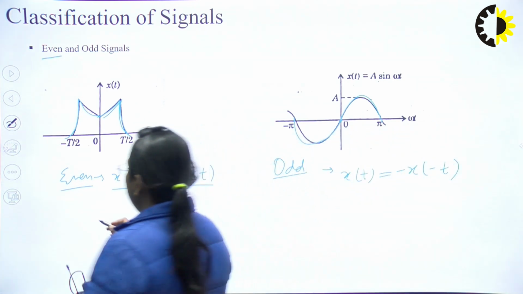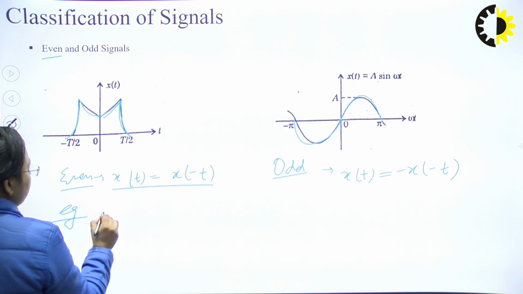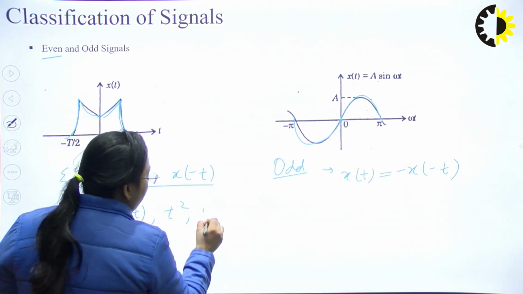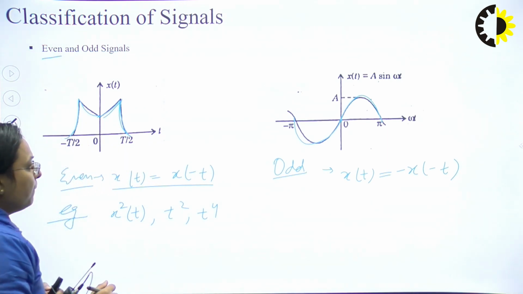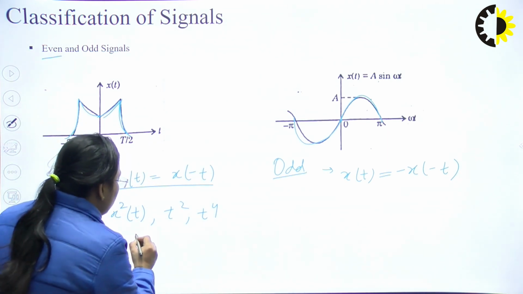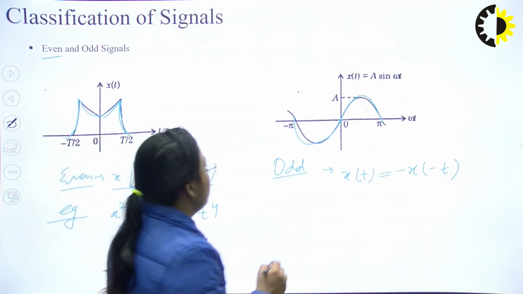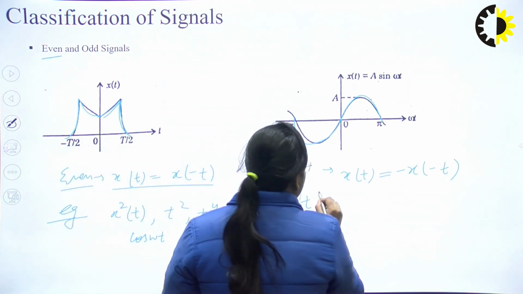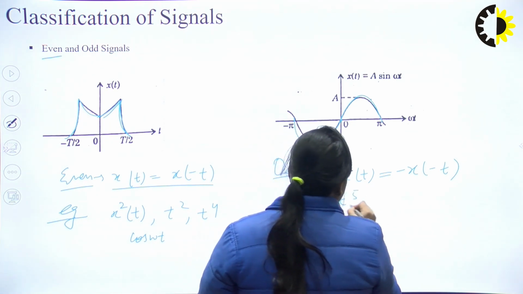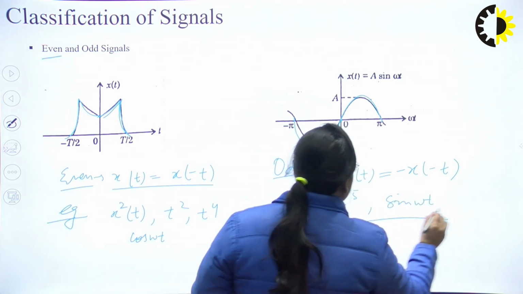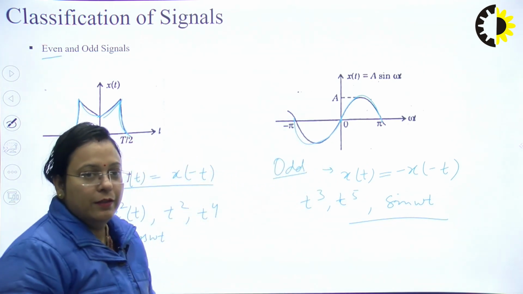For example, here you can say t square, t ki power 4, and cos omega t will be the examples for the even signal. For the odd signal, you can write t cube, t ki power 5, and sine omega t.